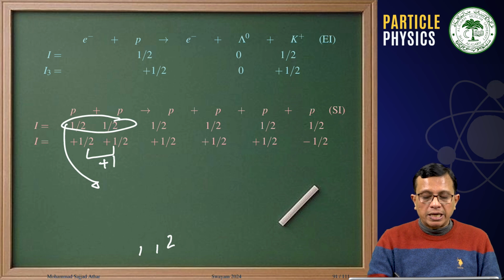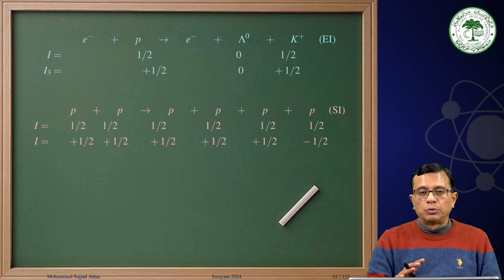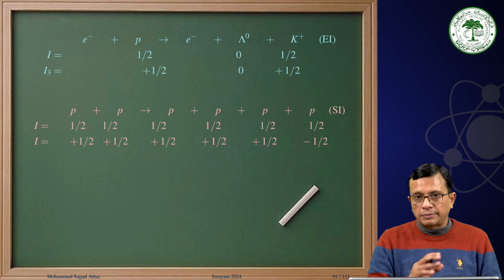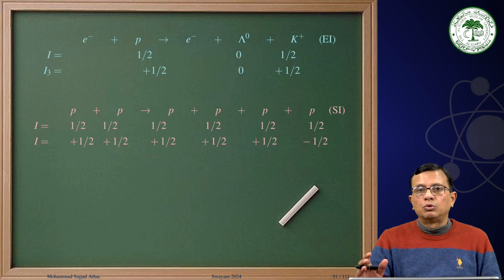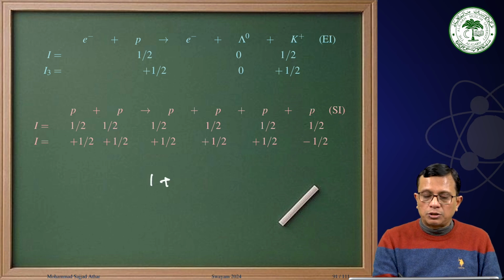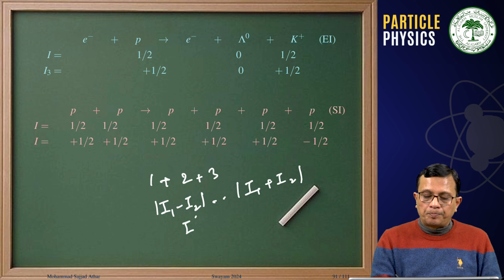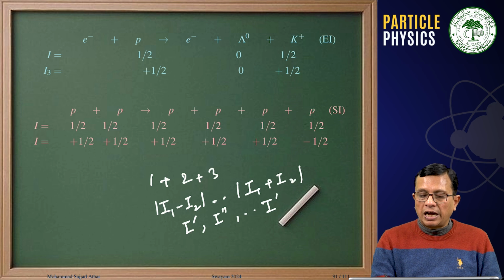To get the net I3, we just algebraically sum them, but to get the net I, we have to consider the fact that we have to go from I1 minus I2 to I1 plus I2, and then whatever we are getting, suppose I'm talking about 1, 2, 3. For example, I1 minus I2 to I1 plus I2. Let us call them by the name I prime, I double prime, and so on, in steps of unity.